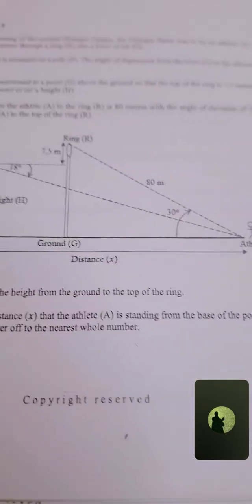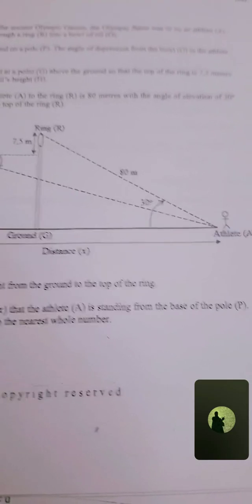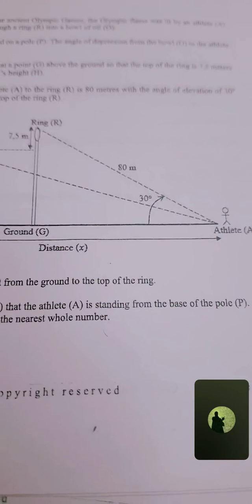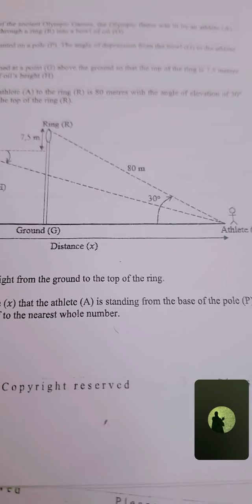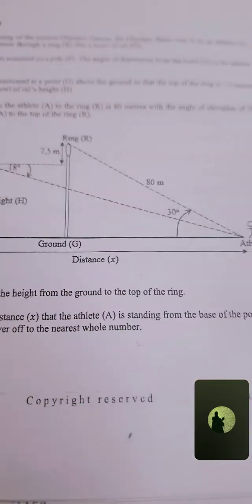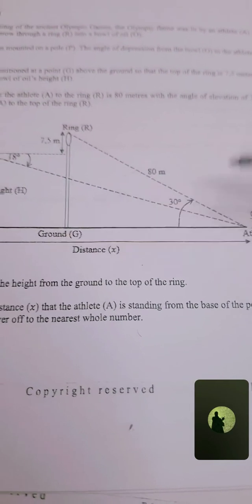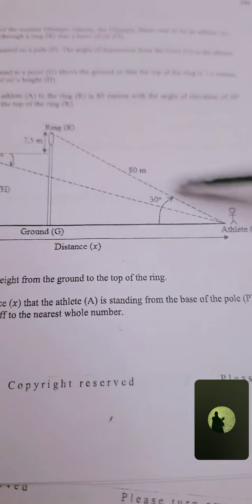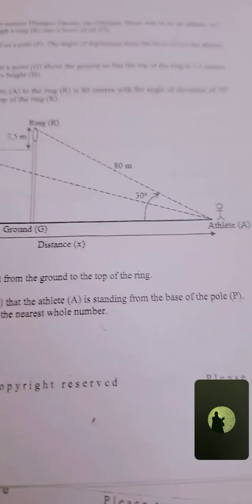Now, knowing all of that, in that triangle, to find RG, what trig ratio can we use? Sine. We can use sine, definitely. Why can we use sine? Because the side that we are looking for is called the opposite in relation to this angle, and RA is called the hypotenuse.